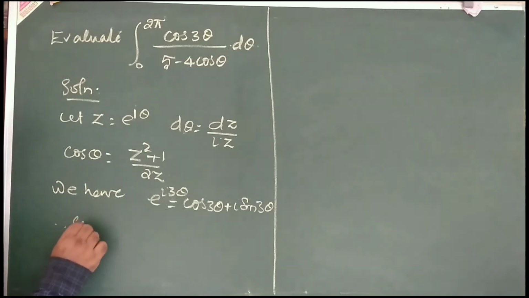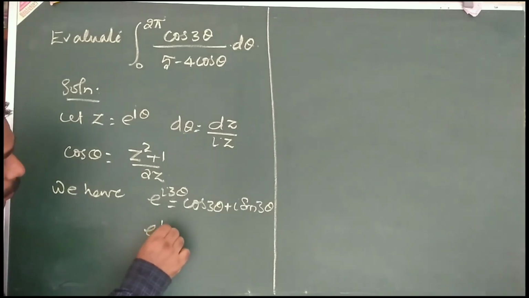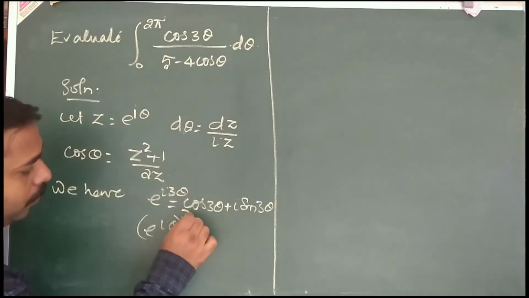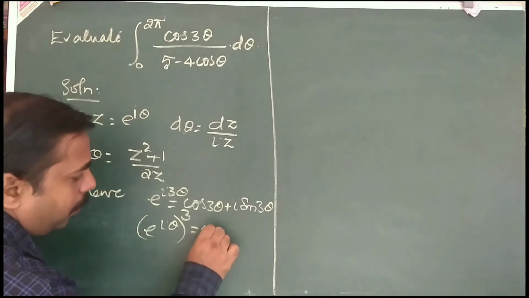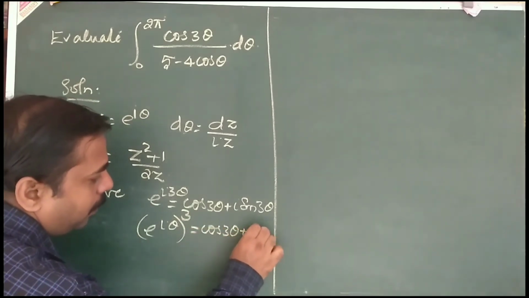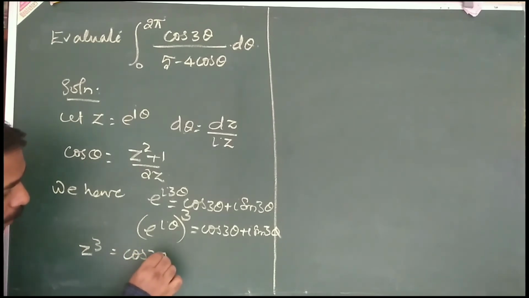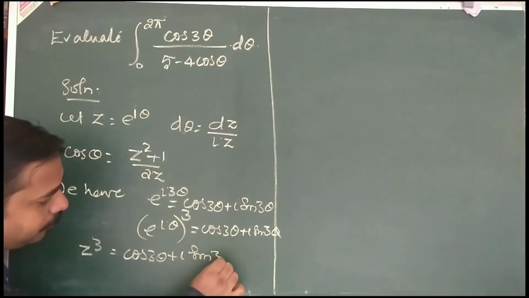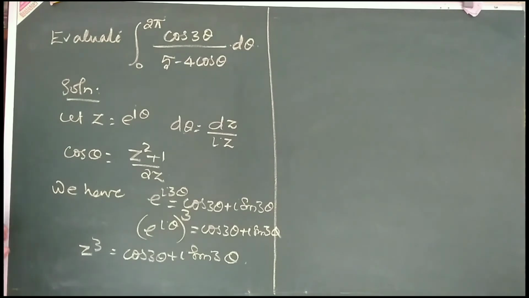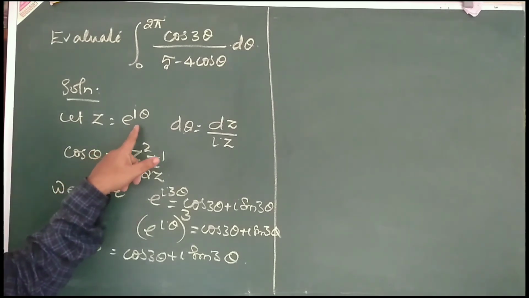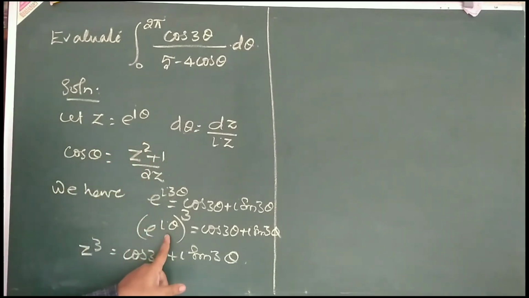Therefore, e raised to I theta the whole cube is equal to cos 3 theta plus I sin 3 theta. So, z cube is equal to cos 3 theta plus I sin 3 theta, because z is taken as e raised to I theta. Therefore, we can substitute it here for e raised to I theta.